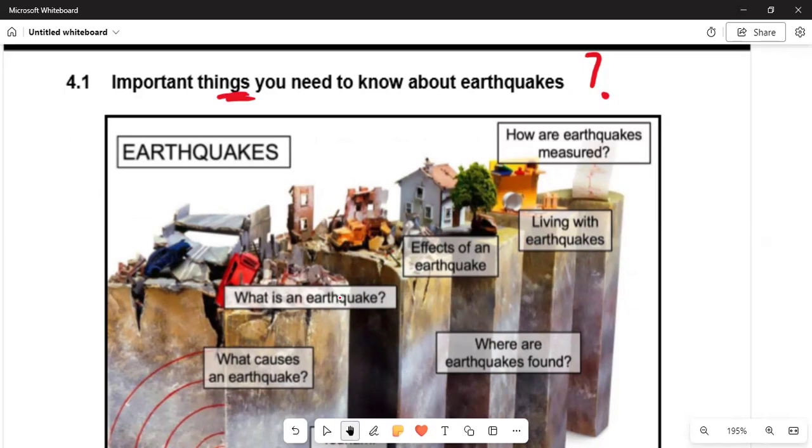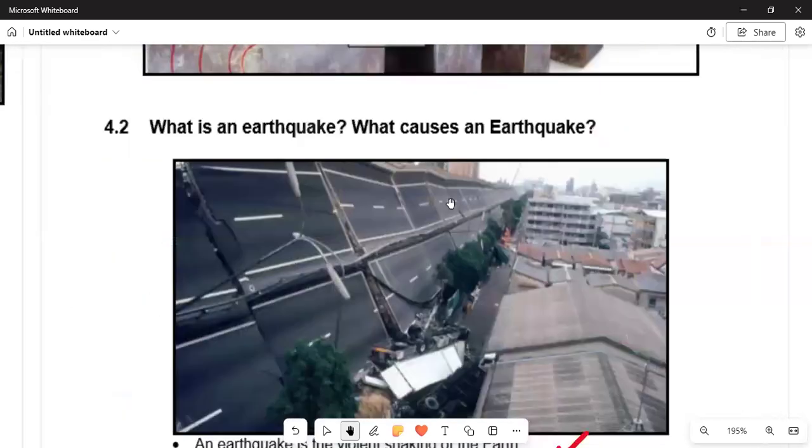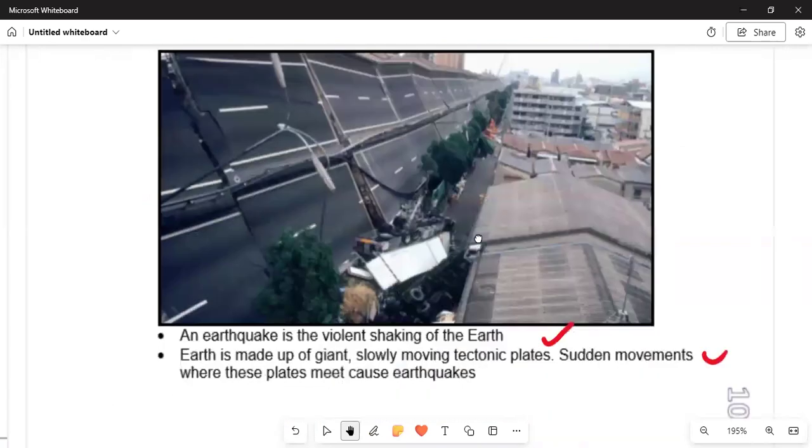Where are earthquakes found? What is an earthquake and what causes an earthquake are some of the things we are going to cover. Based on these slides, there is an up and downward movement of the buildings, created by the earth's surface and the magma.